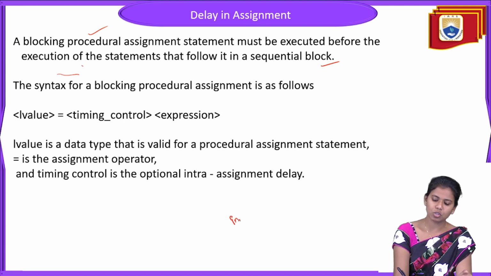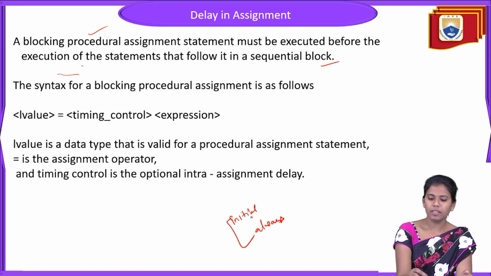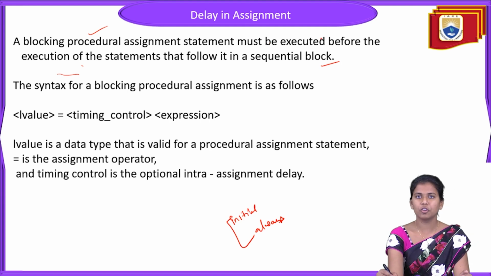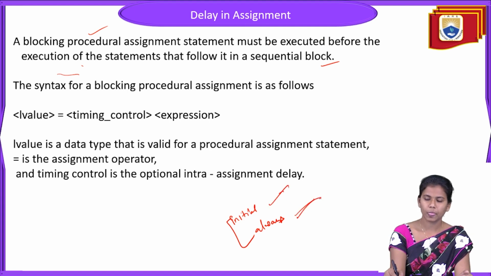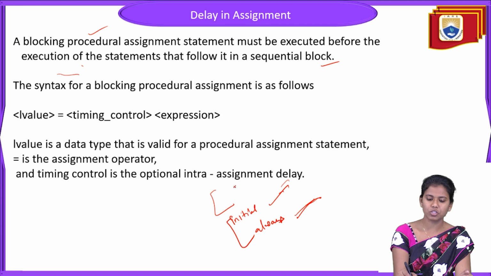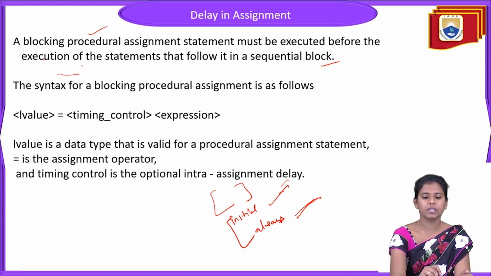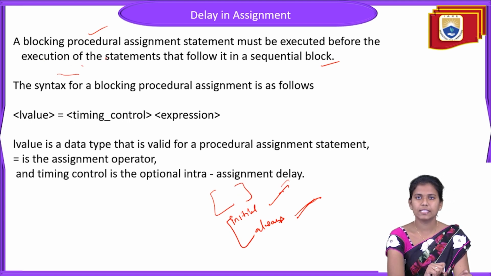So before the execution of initial or always statements, the assignment statement must be executed before these two. That is nothing but the blocking procedural assignment. It must be executed before the execution of the statements.